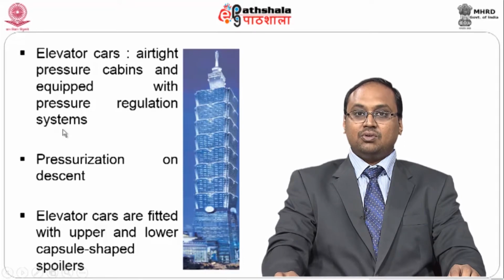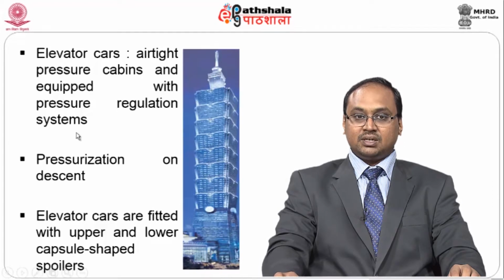We just now understood how pressure adjusting mechanisms are very important. Pressurization on descent is done for the comfort of the occupant. Elevator cars are fitted with upper and lower capsule shaped spoilers.